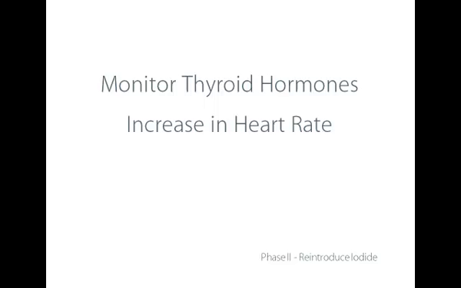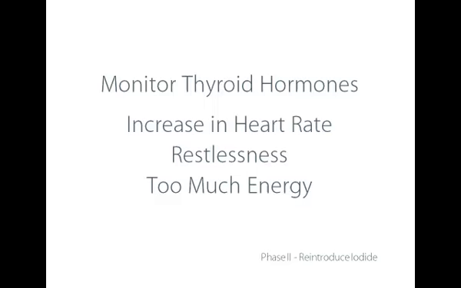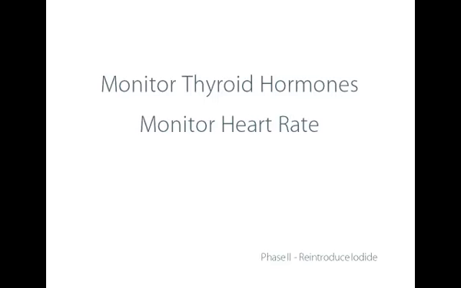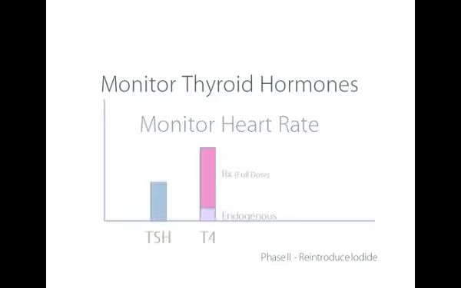We always ask people to monitor their heart rate when they're lying down about ready to fall to sleep. That's a resting heart rate, and if it starts increasing, like more than 10 or 15 points, then it's time to take a little action. I'll explain that in just a moment. They may also feel more restless, a little jittery, with too much energy. So we ask them to monitor their heart rate.